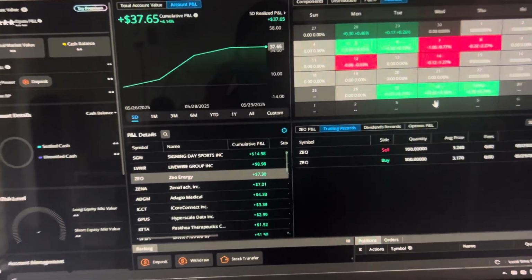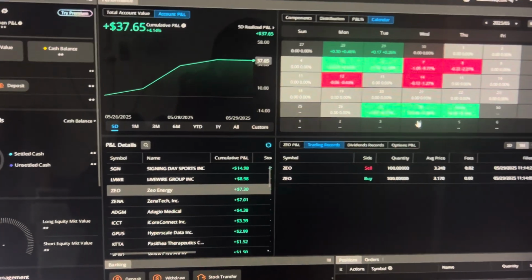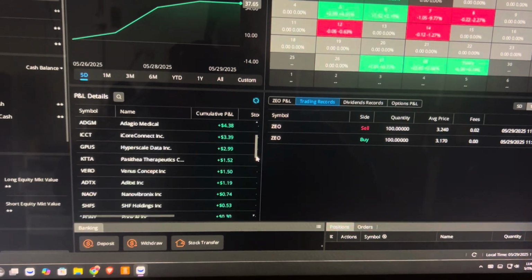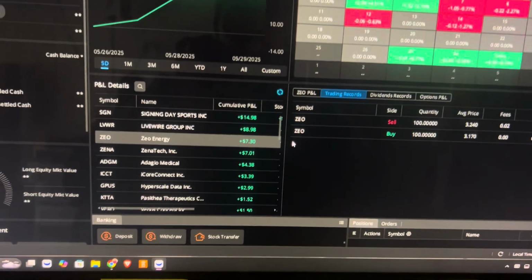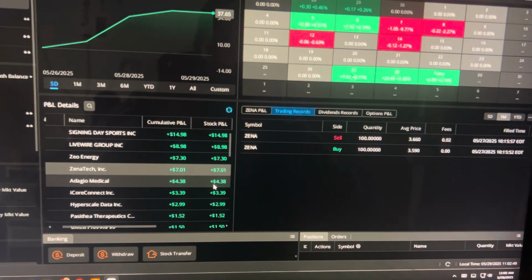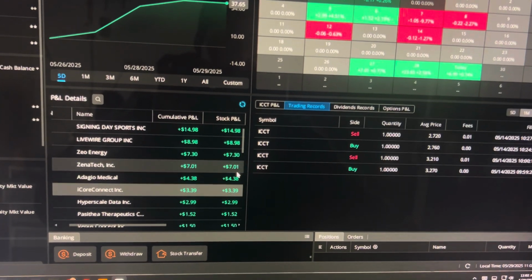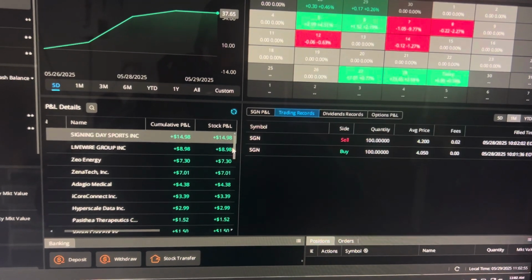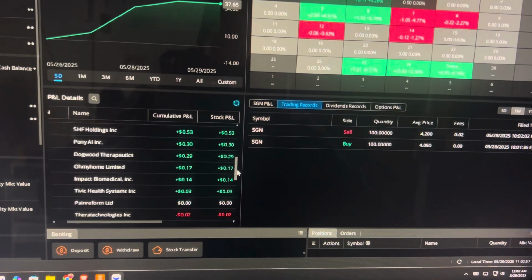So there you have it, sharing my 2 cents on my progress and what I took today. All these trades are just adding up.